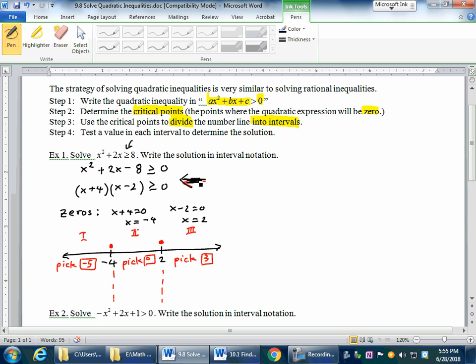When I plug negative 5 into the first factor, negative 5 plus 4, that is a negative number. When I plug it into the second factor, negative 5 minus 2, that will be negative 7. A negative number times a negative number gives me a positive number, and a positive number is greater than 0. So therefore, this interval is good.